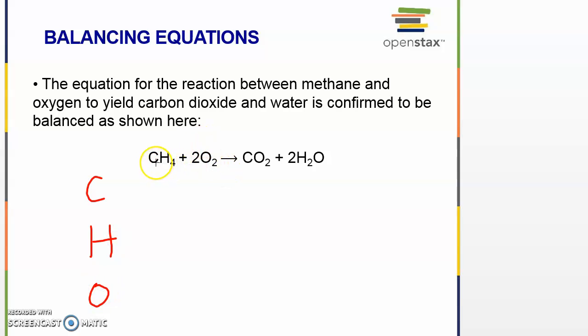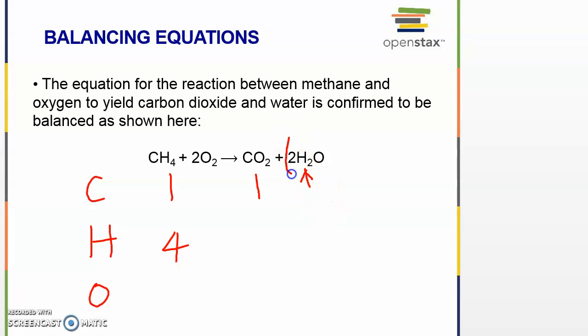On the left side, I see 1 carbon only. On the right side, I have 1 carbon. Let's look at hydrogen. On the left side, I have 4. On the right side, how do I get the number of atoms?